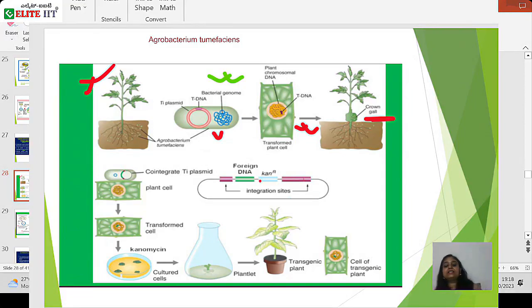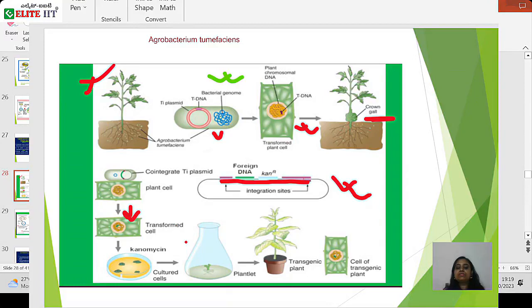Okay, and see, this is the recombinant strain, and this recombinant strain is transformed to the plant cell. And what will happen, a single strand is going inside the plant cell, and it will be converted to double stranded DNA, and the double stranded DNA will be incorporated into the genomic DNA of the plant.